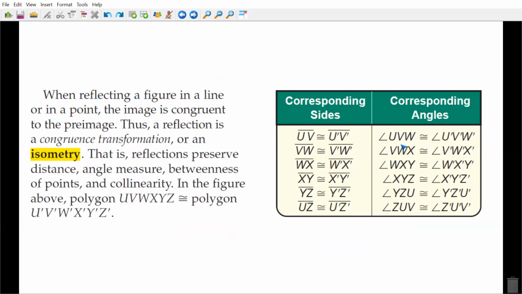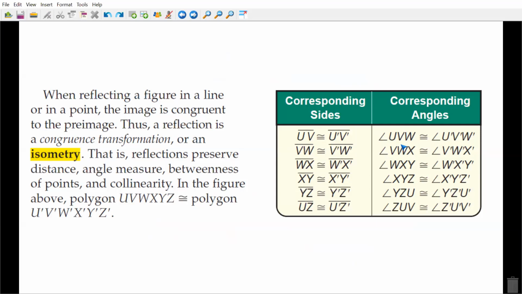Okay? Thus, a reflection is a congruence transformation or an isometry. That is a new word, isometry. That is, reflections preserve distance, angle measure, betweenness of points, and collinearity.